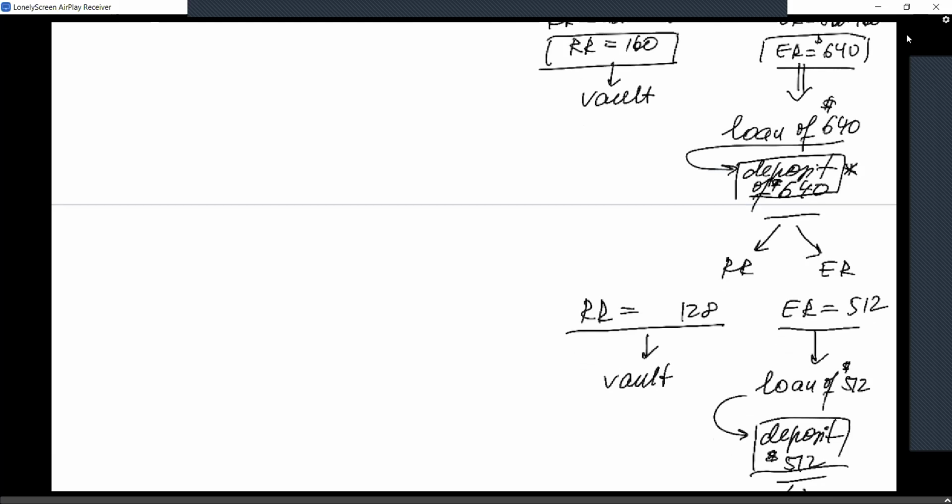Doesn't it remind you of something? Anybody? We're going through layers. Does it remind you of something? We talk about extra spending delivering extra income.